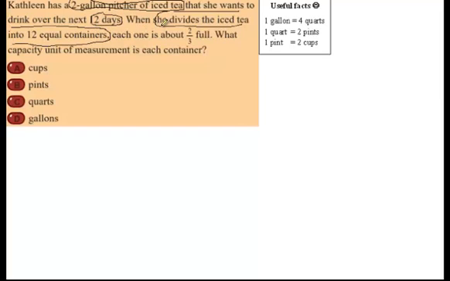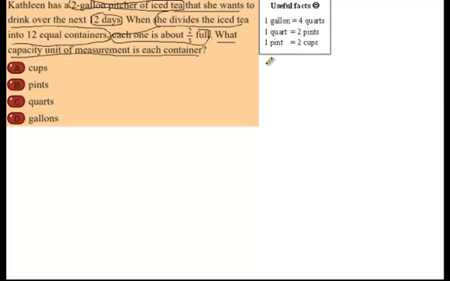And each one, when she fills it up, is about 2/3 full. What capacity unit of measurement is each container? All right, this is another tricky problem, and I'm going to have to draw it out and do the best I can with it, because I always like to visualize when I don't understand what a question's saying.